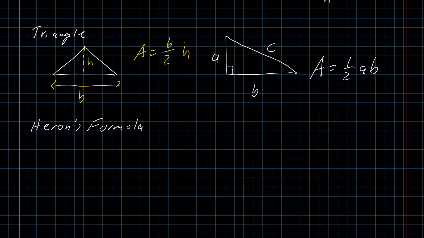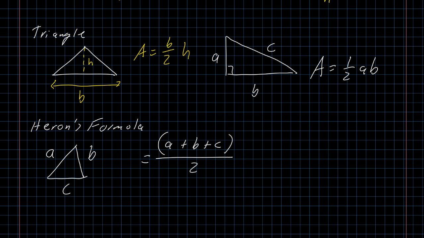So if we have a triangle, it is not a right triangle. We don't know anything about a right angle, but we know that its sides are A, B, and C. Well, the perimeter is A plus B plus C. That's easy. I want to take the perimeter and divide by 2.